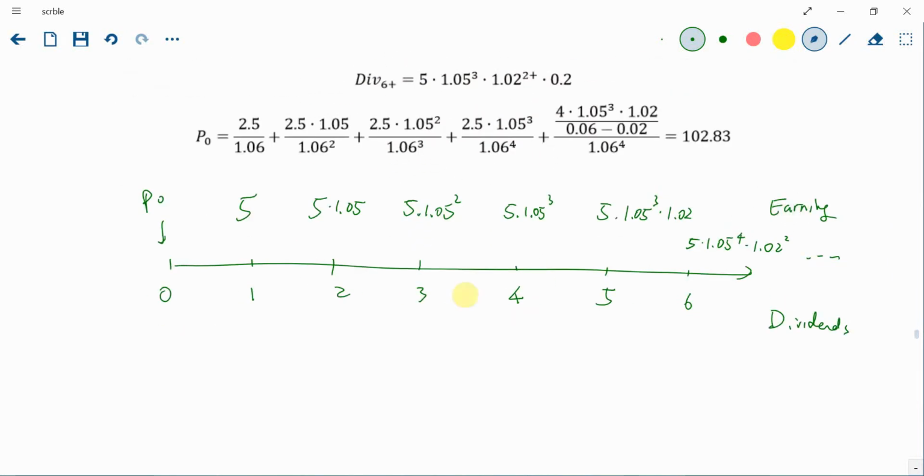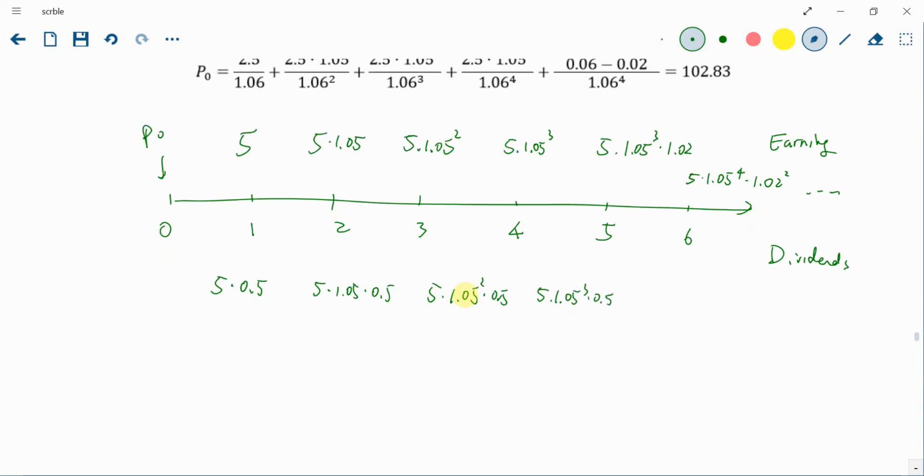So at the beginning it's just 5 times 50%. And starting from year 5, you pay out 80%, so this is 1.02 times 80%, and the same thing happens here.